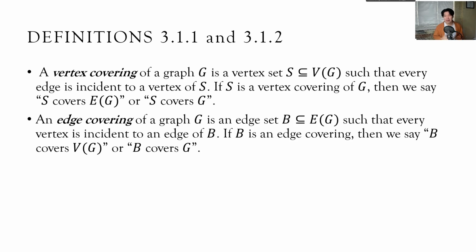An edge covering of my graph G is an edge subset B such that every vertex of G is incident to an edge of B. So again, if I take all the vertices of G, each one has to be incident to at least one edge of my edge covering B. And similarly, if I do have an edge covering, you're going to hear me say B covers the vertices, or B covers V of G. Or more simply, B covers G. Let me go ahead and show you an example real quick.